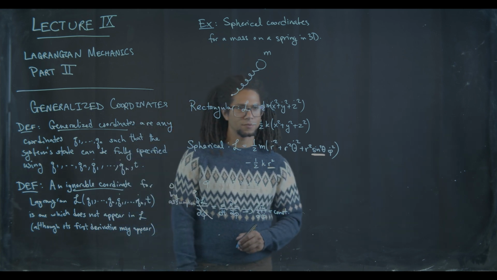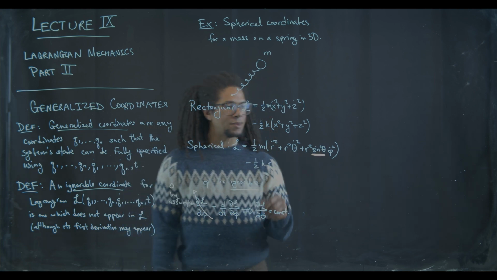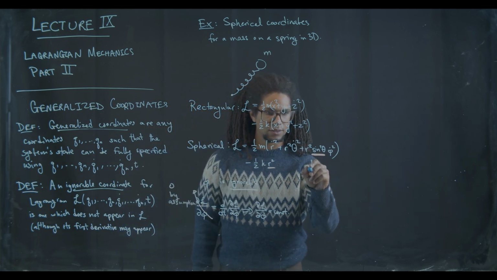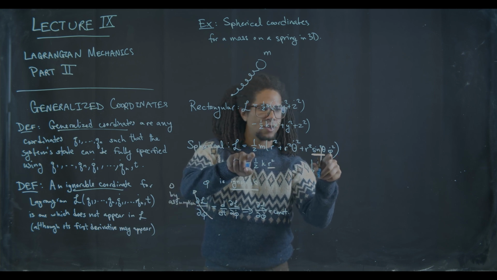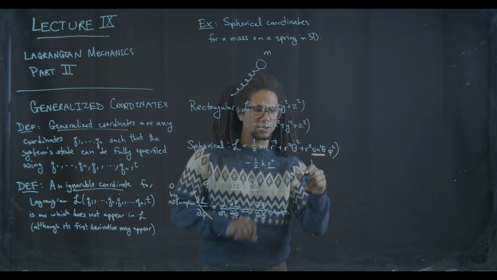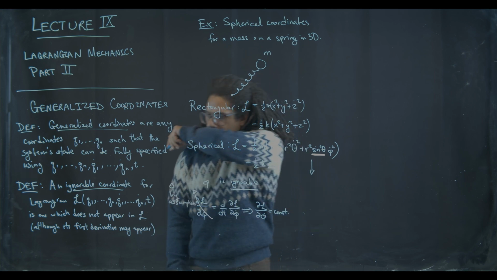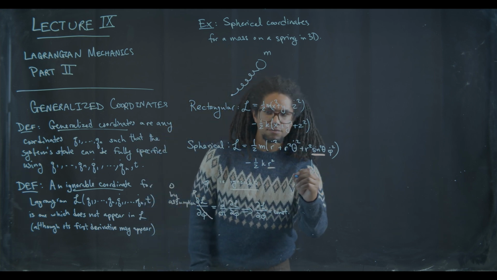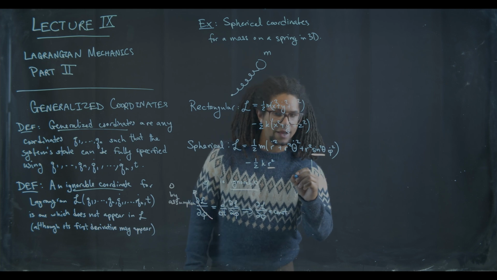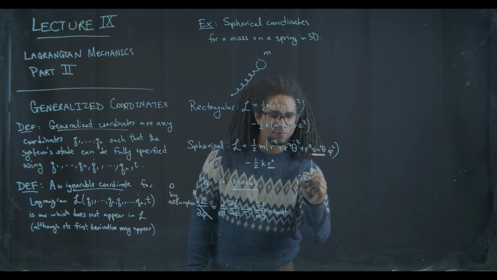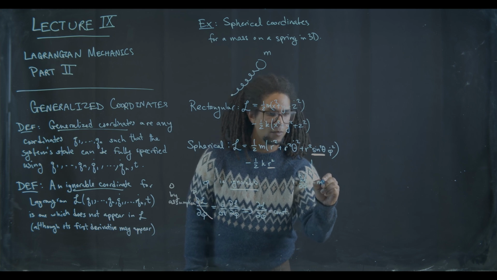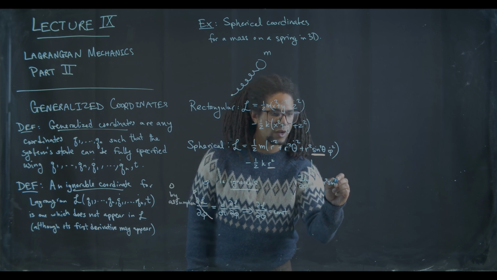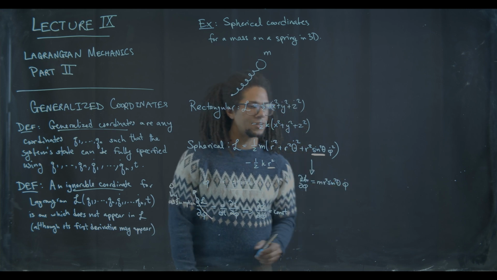Good. All right, so what happens in this case is the following. If I take that derivative, that's going to make me bring this 2 down and cancel the half. So I will get dL d phi dot is equal to m r squared sine squared theta times phi dot.